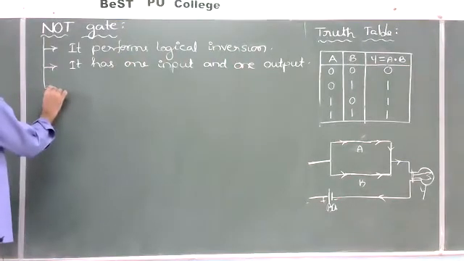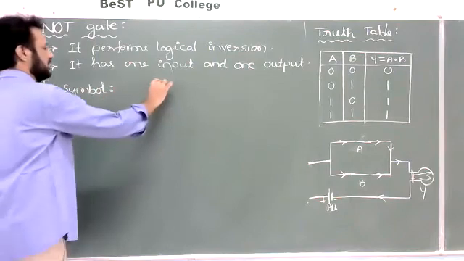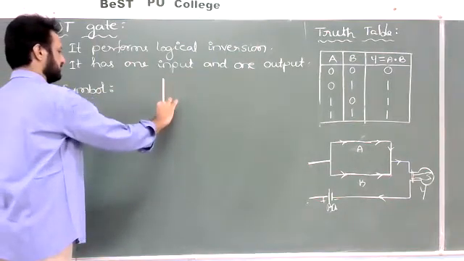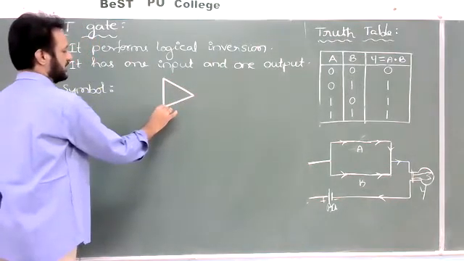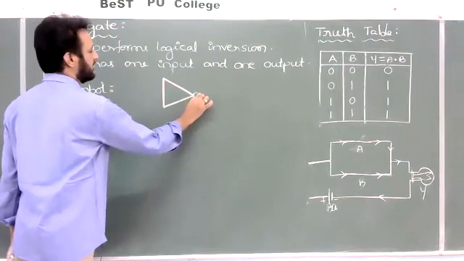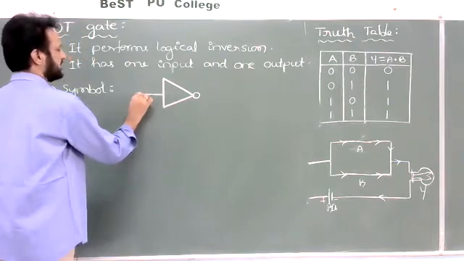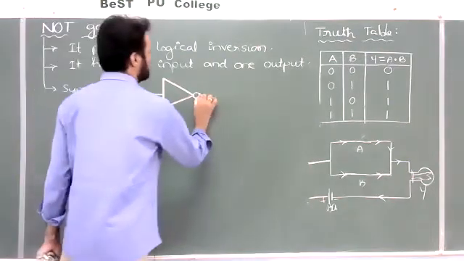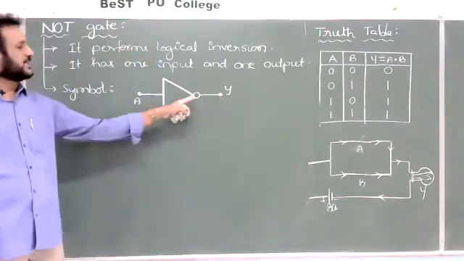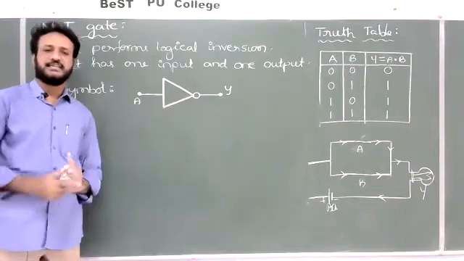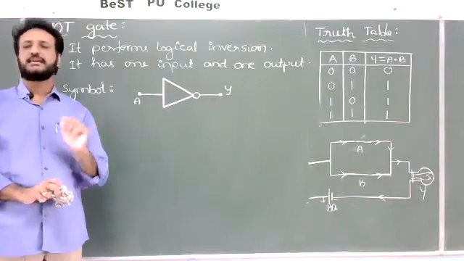I'll write the symbol of the NOT gate. You should draw it similar to a triangle, but here at the end we place one small circle like this. One input, that is A, and only one output, that is Y. The circle or bubble indicates inversion or complementation, that is logical inversion or logical complementation.